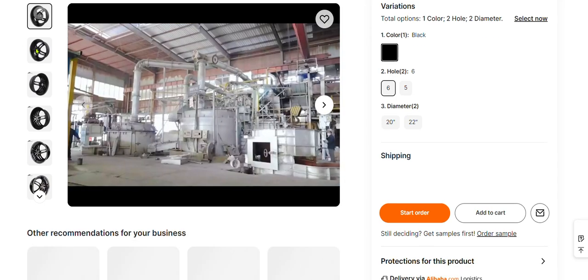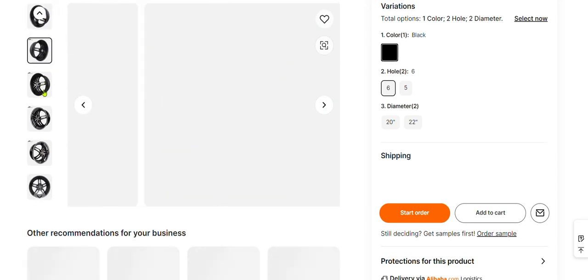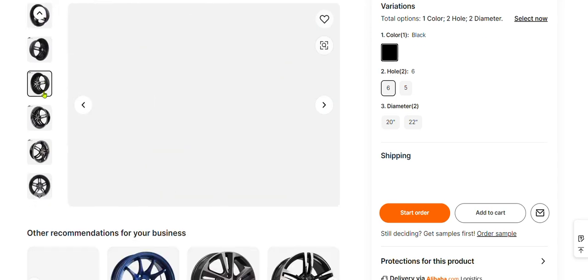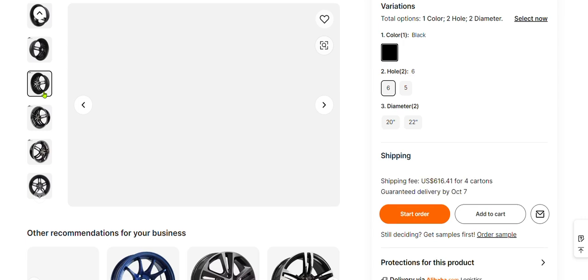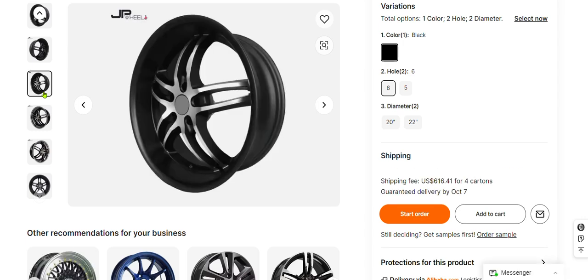So basically you assess that and you start having a conversation. Remember, you must have an agent in China, or if you want them to be sent to you directly to the US, UK, then you can actually directly talk to them and they will deliver it to you.